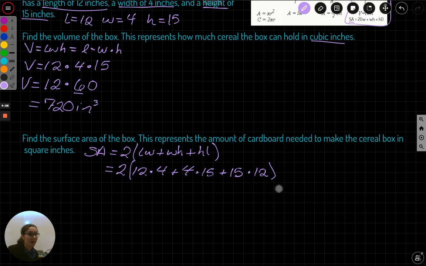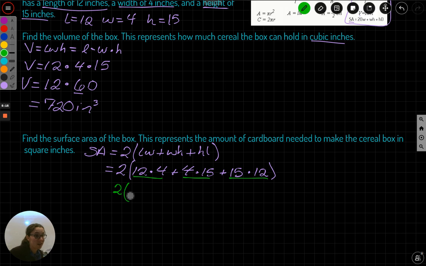It's a lot of math to do. Remember, we're going to do all of the multiplication before we do any adding, all of the multiplication first, and then multiply it by 2 at the very end. So it's going to be 2 times, because a number and a parenthesis squished up is multiplication.